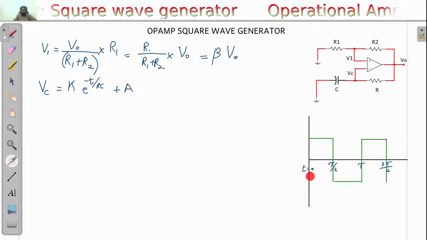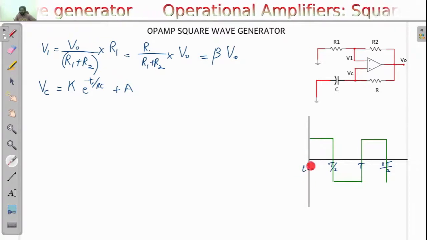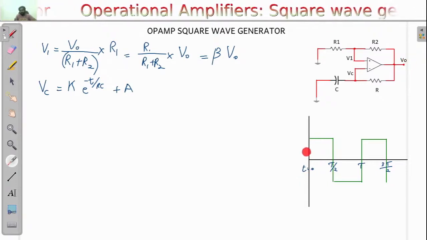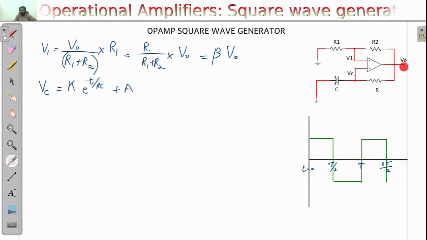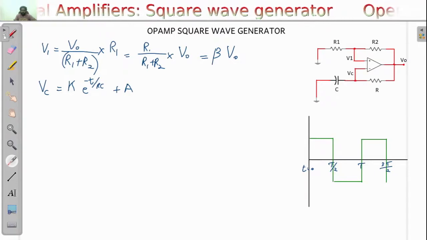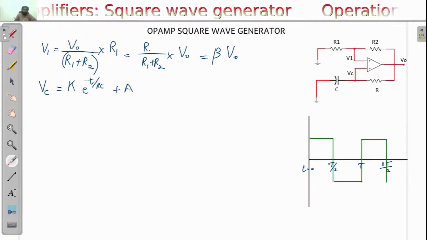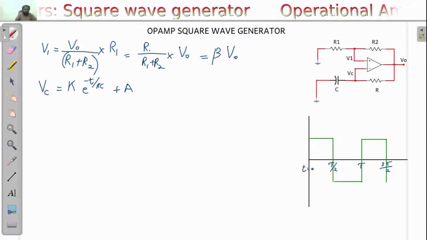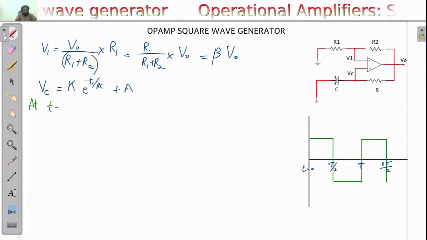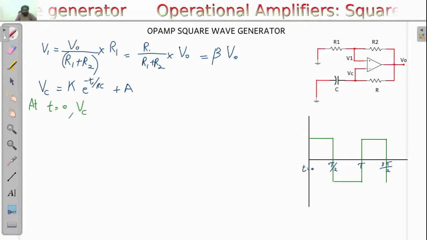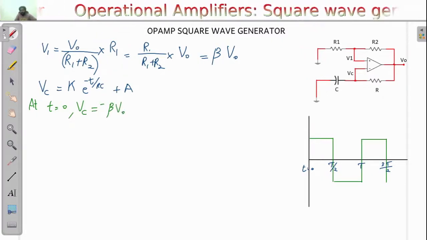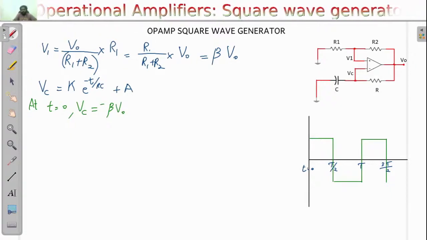In order to find that out, we need to apply some boundary conditions. Here you can see that at time t equal to 0, the output voltage is at minus VO. It is at minus VO, it will be jumping to plus VO, and at that moment the capacitor's voltage will be minus beta VO. So at t equal to 0, our VC will be equal to minus beta times VO, or it can be plus beta times VO, depending upon which oscillation is going to happen.